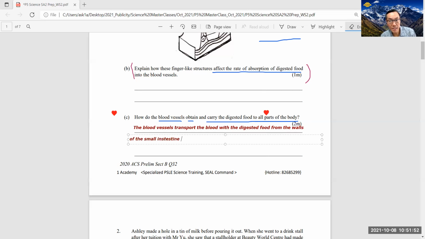You can send your answer for me to check, but now I'm sharing with you the model answer, so you can do your self-checking.